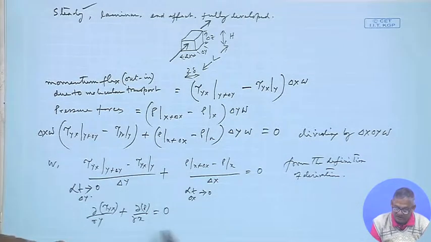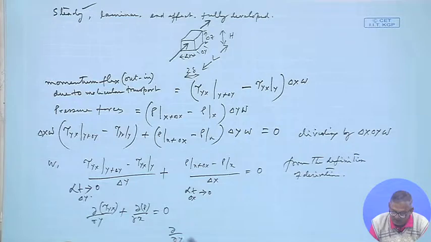So, we can write del del y of tau y x is equal to minus del p del x.